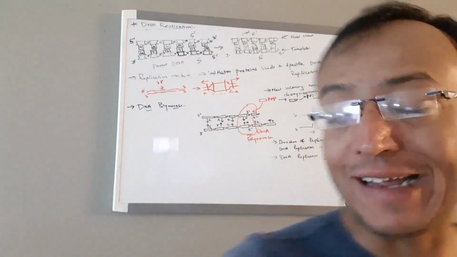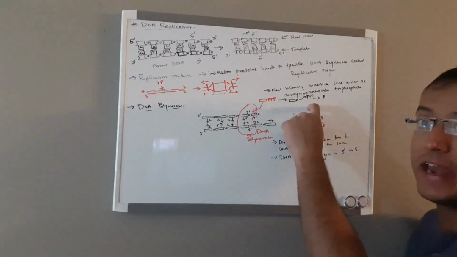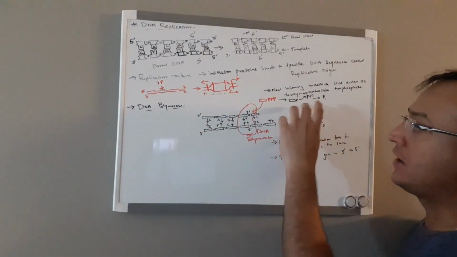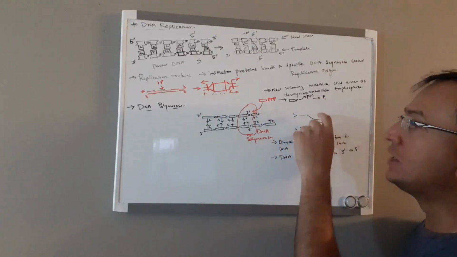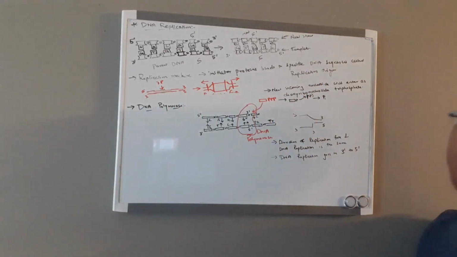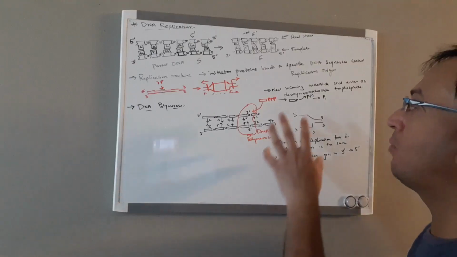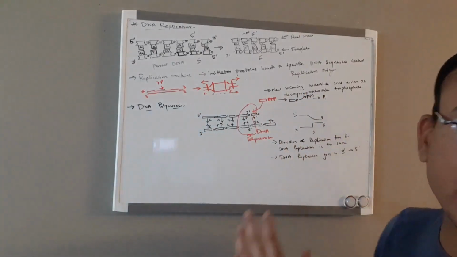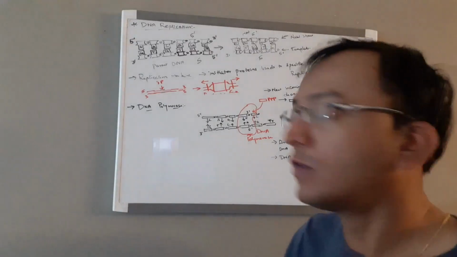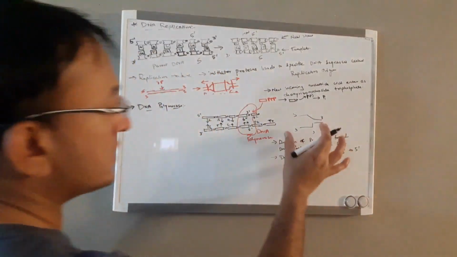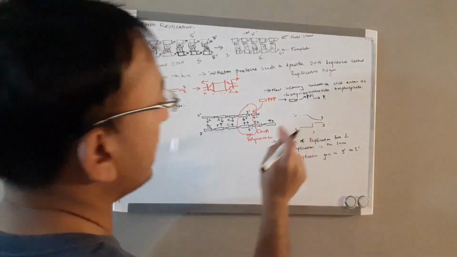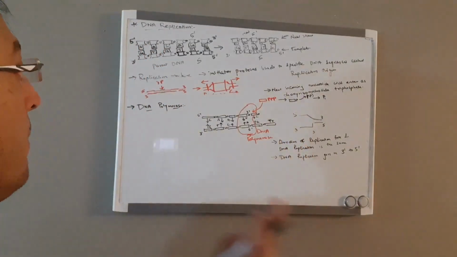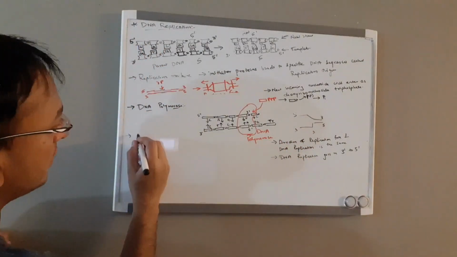It's not like there are two DNA polymerases, one going this way and one going that way. No, there is just one single DNA polymerase acting in the 3 to 5 direction of the replication fork.